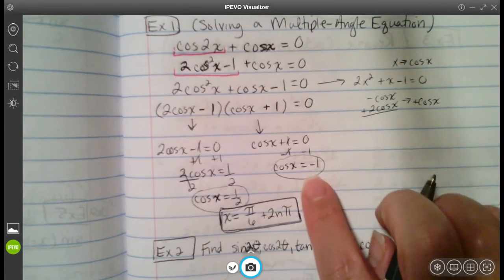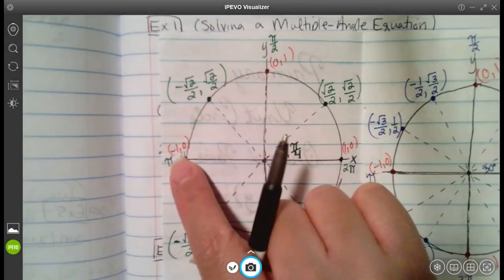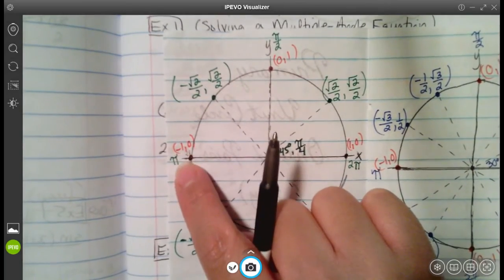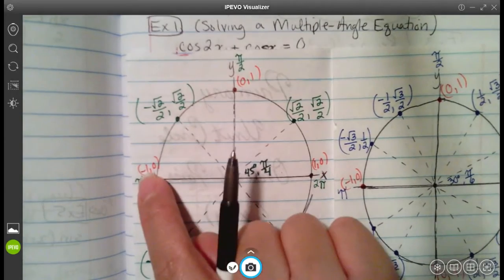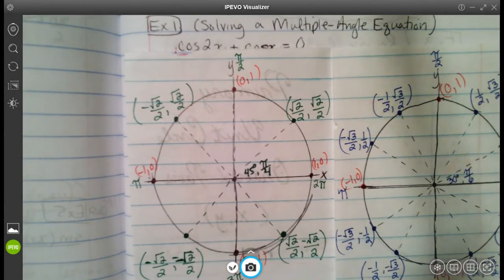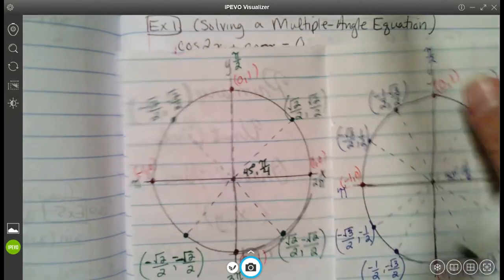For the second one, where is cosine of x equal to -1? That one should be a little bit easier, but if you need your foldable, look at the foldable. Here is -1 on pi, and you'll notice it's the same on every single one. Why are we looking at the x? Because cosine is the x value, so it's equal to -1 at pi.